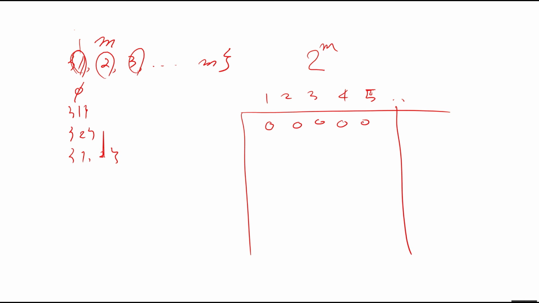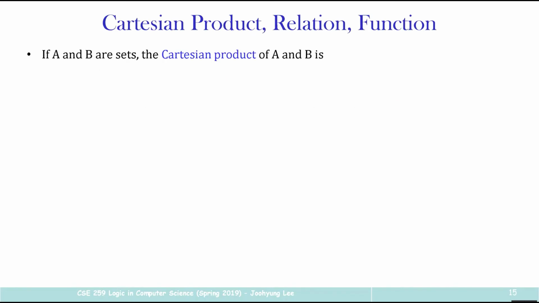That means the empty set. Each entry is either 0 or 1. This one represents the set that contains only 1, but none of the others. If you write this one, then you have {1, 3}, because 1 is counted, 3 is counted, and the others are false.